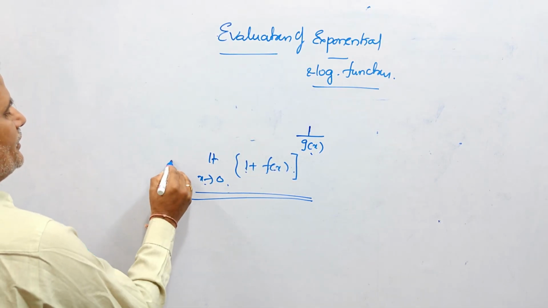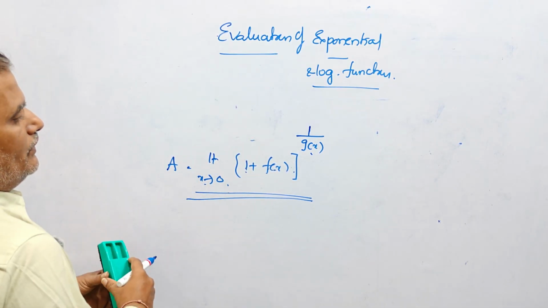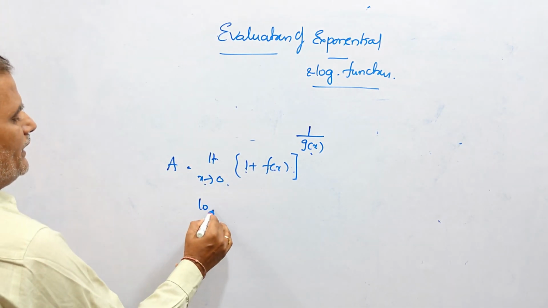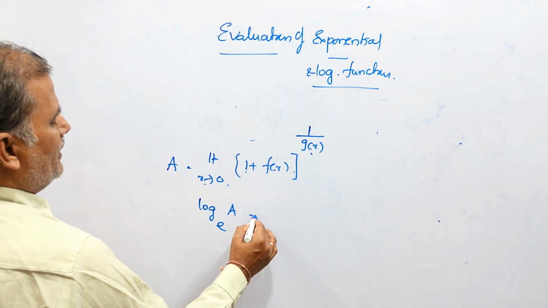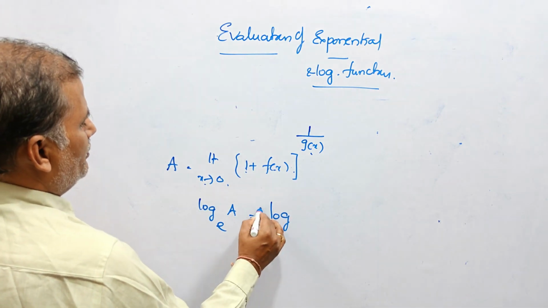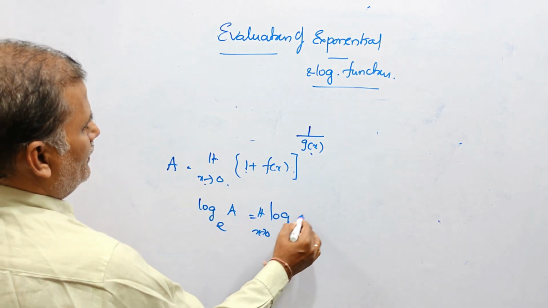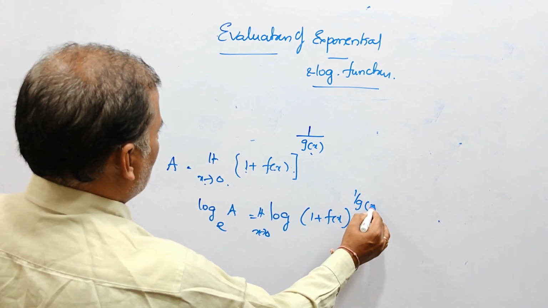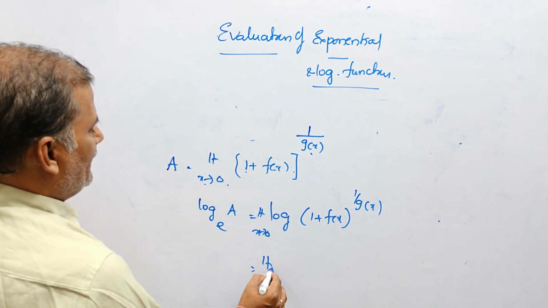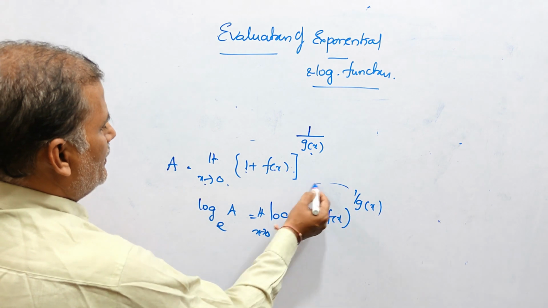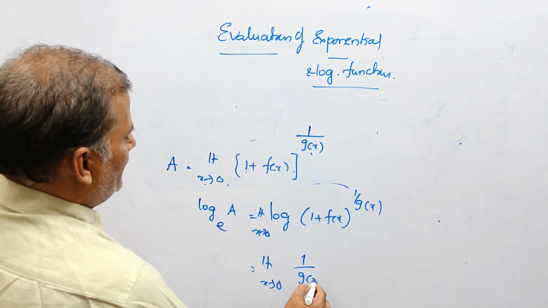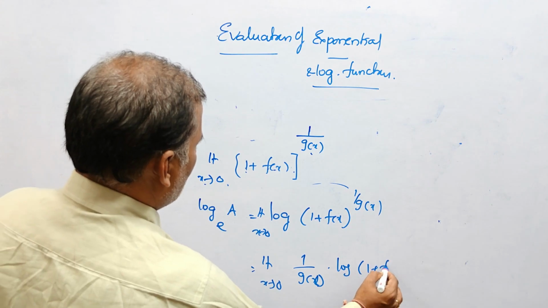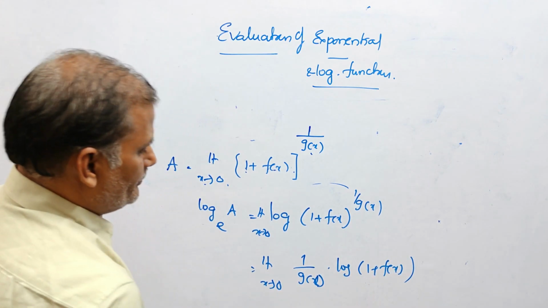If you take capital A is equal to limit x tends to 0, (1 plus f(x)) whole power 1 by g(x). Now apply logarithm here. Log A base e is equal to limit x tends to 0, log (1 plus f(x)) whole power 1 by g(x). Now by applying logarithmic notation, power here 1 by g(x) into log(1 plus f(x)).